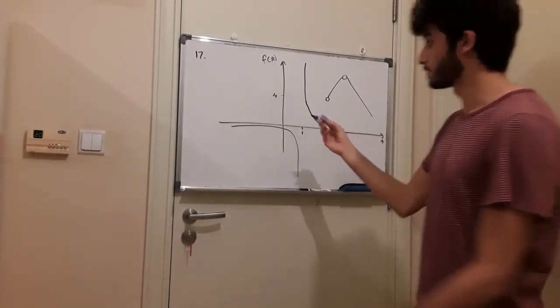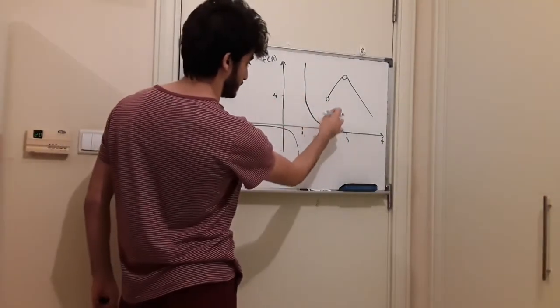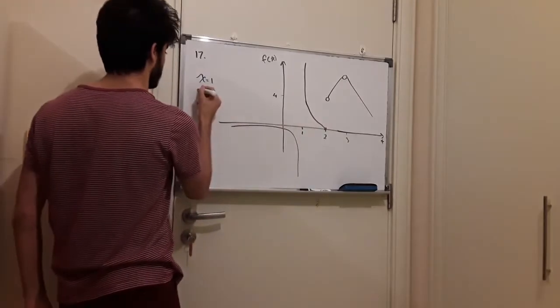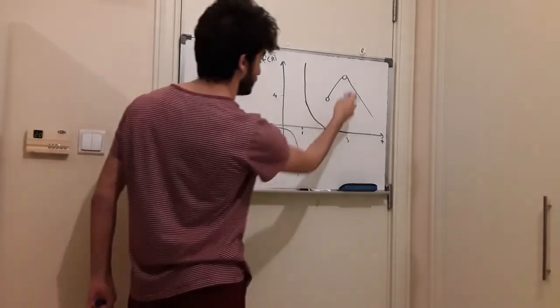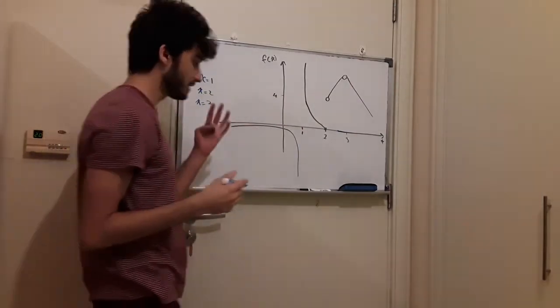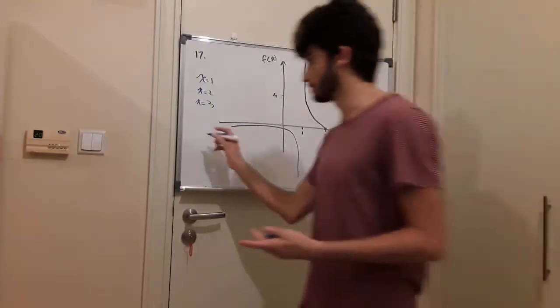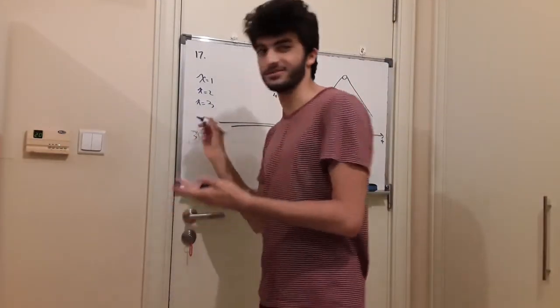So this is 1 point of discontinuity. And here is another cut, at x equals 2. And here is another cut at x equals 3. The final answer is 3 points of discontinuity, so you just put 3 in your answer.